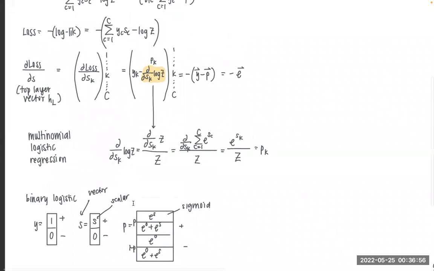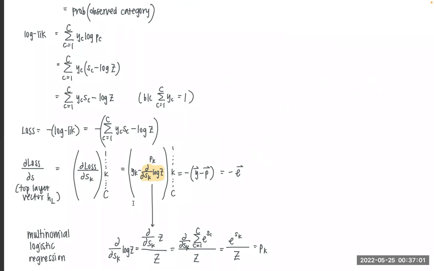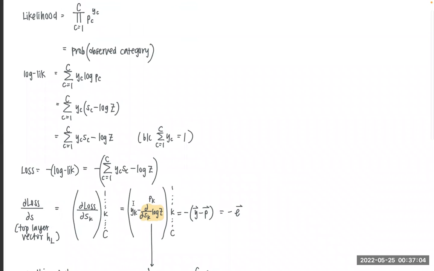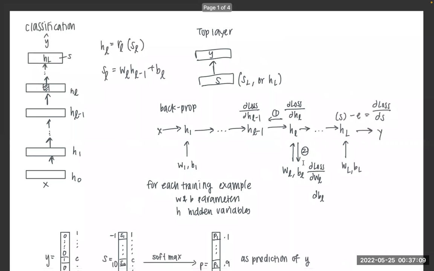Here I just give you the connection, and the point is that for whatever neural network, however complex it is, eventually you want to predict a top layer S. If you have 1,000 categories, your vector S will be a 1,000 dimensional vector of logit scores. If you want to generate a word and you have 10,000 words, then S is a 10,000 dimensional vector.